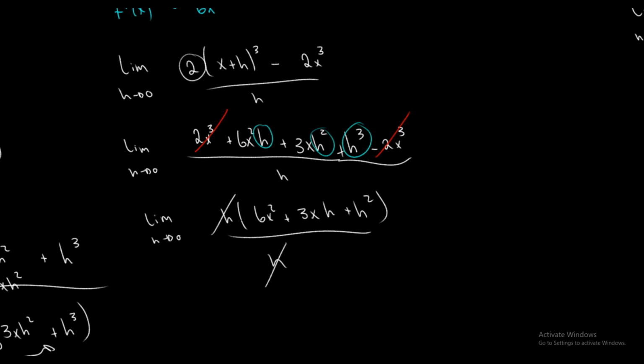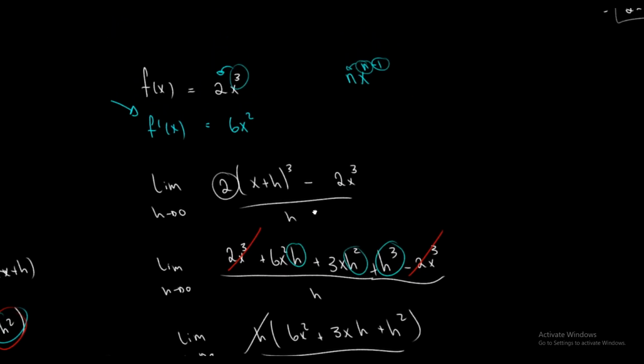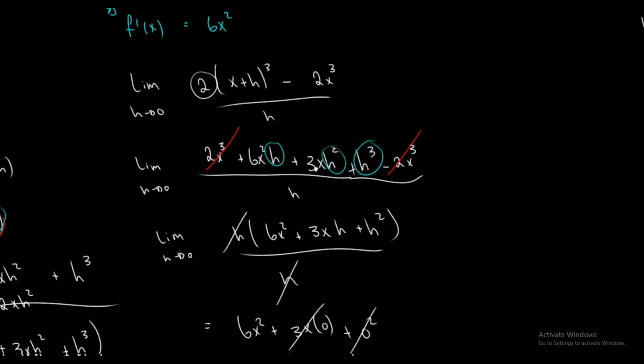I'm going to cancel, and now I'm going to direct substitute. So it's going to be 6x squared plus 6x times 0 plus 2 times 0 squared. And if I do this, well, I get 6x squared, since that's 0 and this is 0. And look at that. We found the gradient of the secant line.